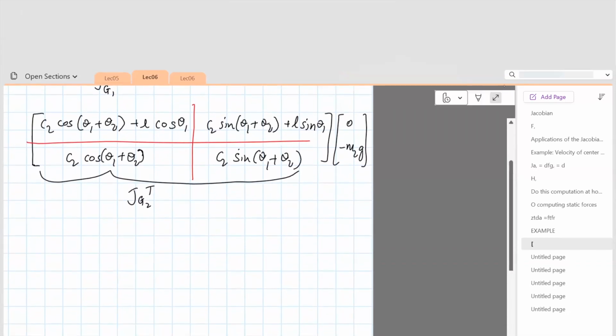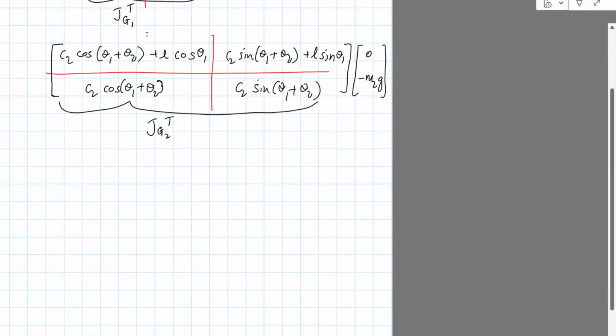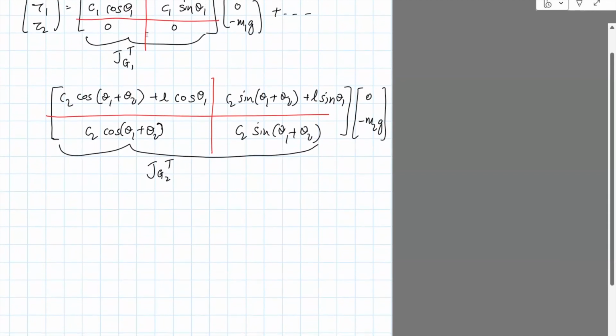I'll just write down the final formula. So simplifying, multiplying, and simplifying will give you tau 1, tau 2 as. So remember that when you take the multiplication of the first part, this whole thing will be 2 cross 2 times 2 cross 1. So that will be 2 cross 1. Similarly, this will be 2 cross 1. So what you end up with is 2 cross 1 plus 2 cross 1 is 2 cross 1.